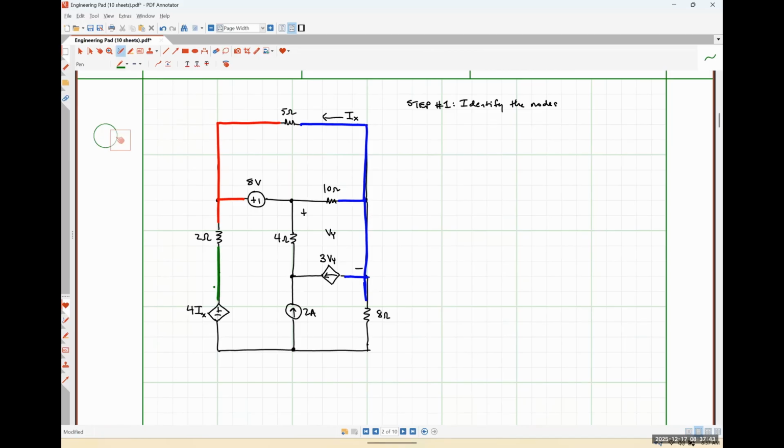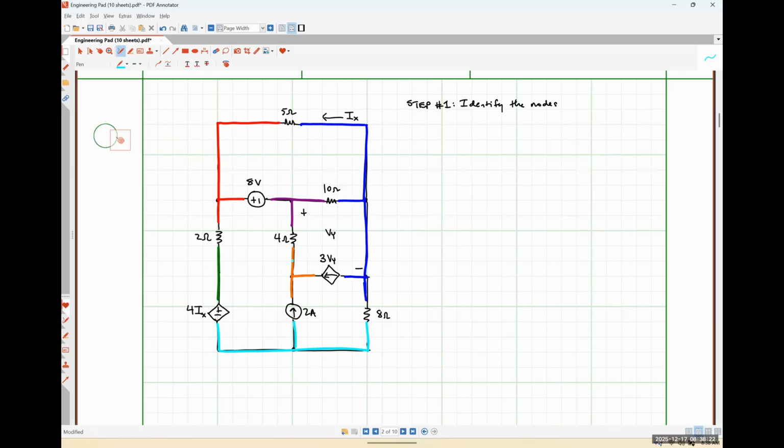We've got a node right here, a node right here, a node right here, and a node down here. Okay. So 1, 2, 3, 4, 5, 6 nodes total. I counted that correctly? Yeah. So 6 nodes.